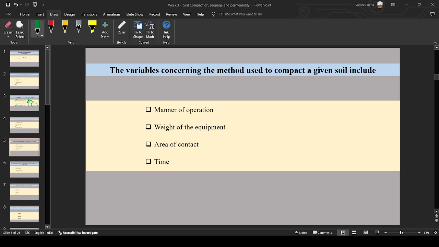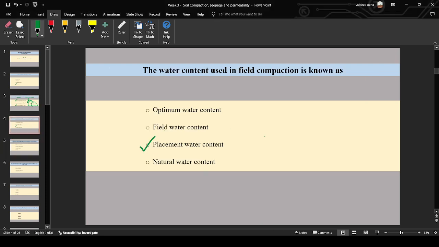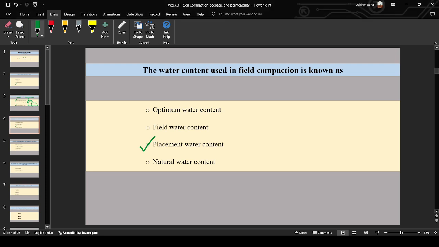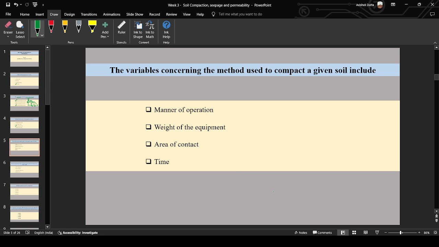This one or the last one? I think you have told the last one, optimum water content. No, it is placement water content. And this one is a multiple select question, so more than one can be correct. Any answer for this?